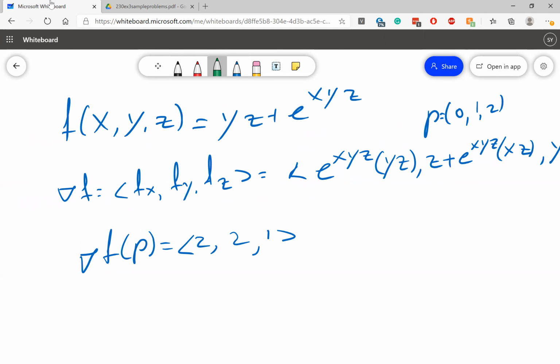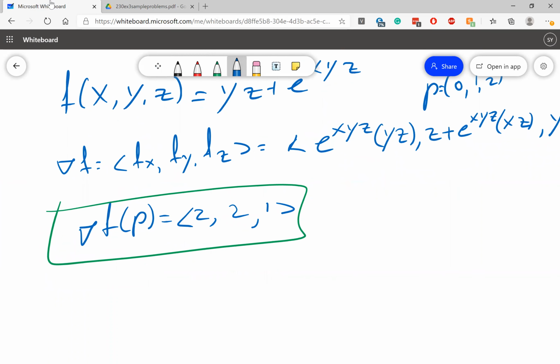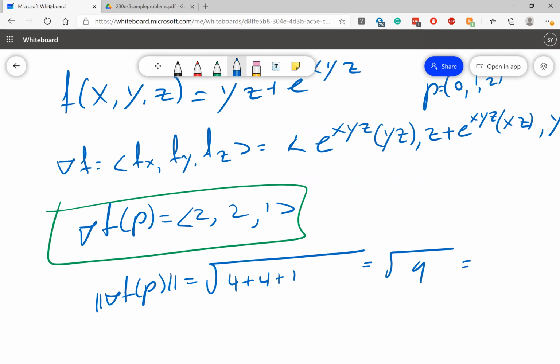So the direction of greatest increase is going to be this, and that increase is going to be the magnitude of the gradient at P, which is the square root of 4 plus 4 plus 1, the square root of 9, which is 3.